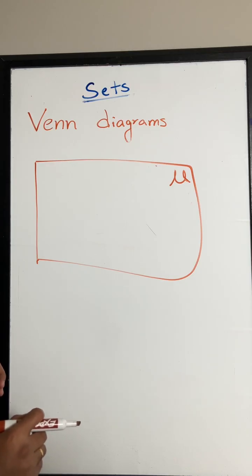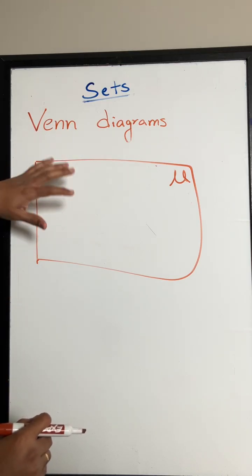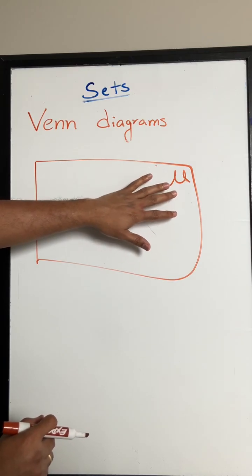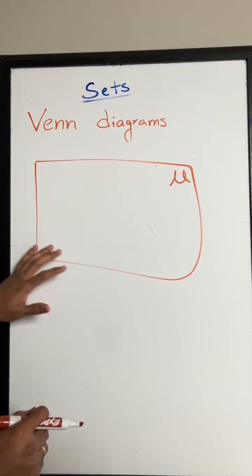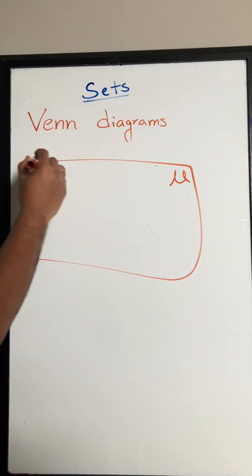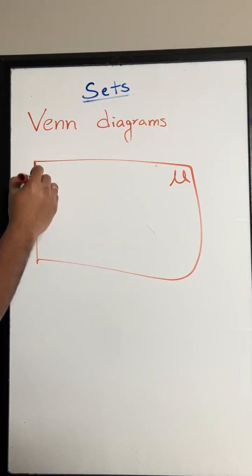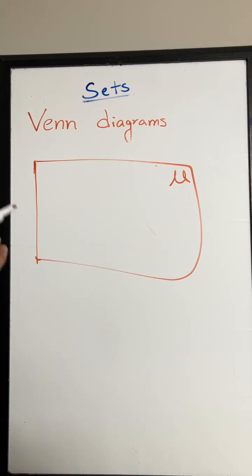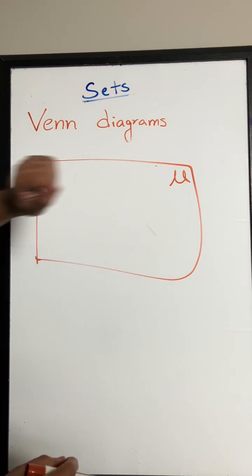I'm using the vocabulary of sets. So this mu is a universal set and every element is present in this box. He assumed that this is my mu. That means mu is the universal set. It should have everything in it.